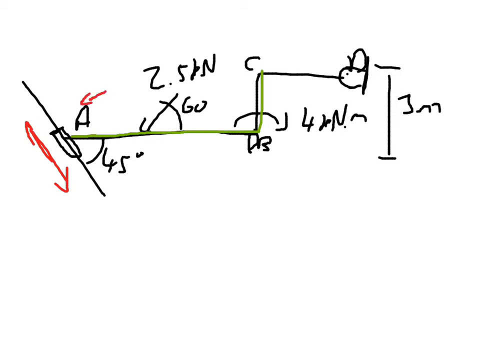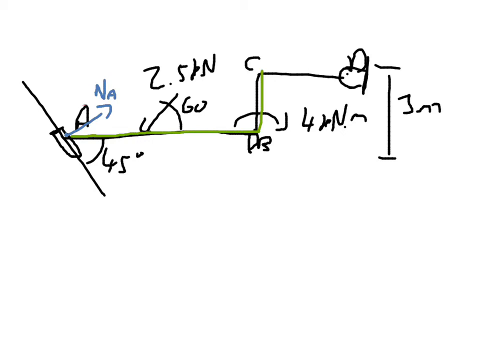If I push on it here, it doesn't move. If I pushed on it that way, it wouldn't move. So in that direction there is a reaction force, a normal force. So we can label that. We'll label that NA. Put that there and label it NA.